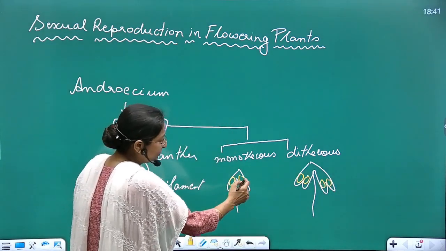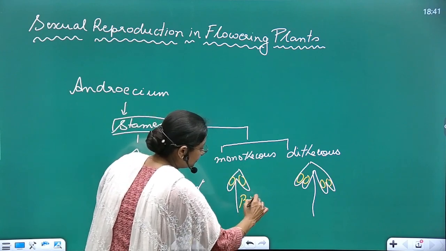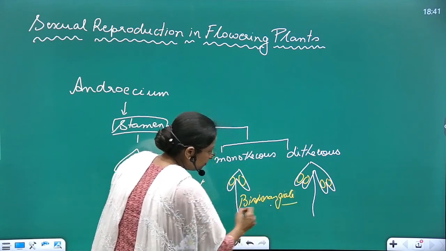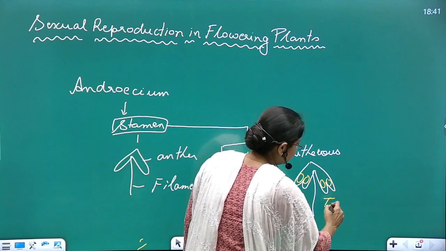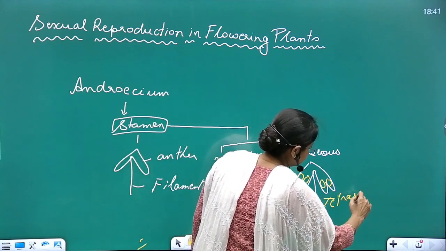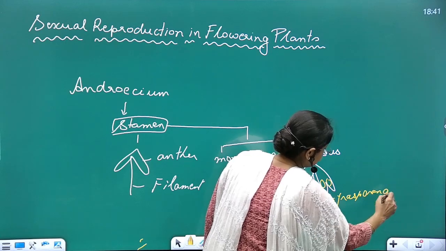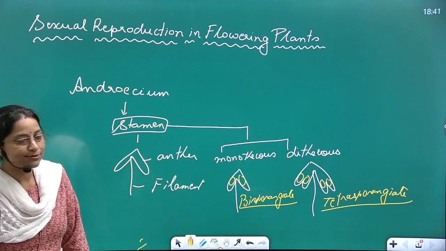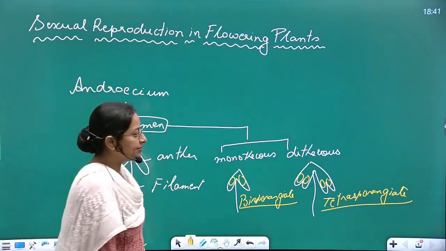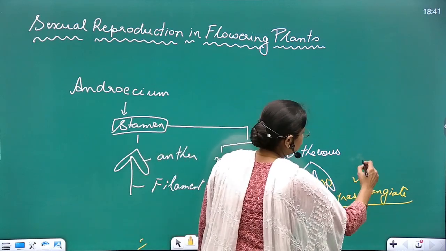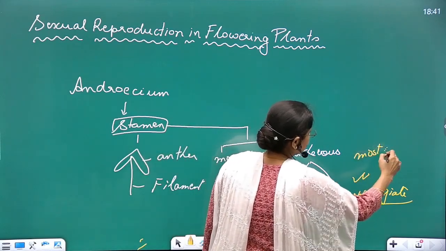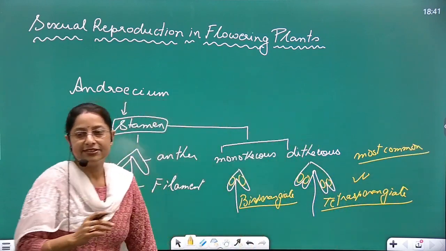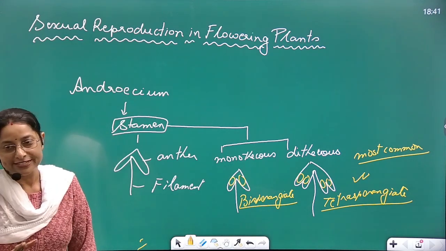This condition is bisporangiate, and this is tetrasporangiate. Which condition is most commonly seen in angiosperms? However, we have talked about certain exceptions also. We have spoken about Malvaceae, right?